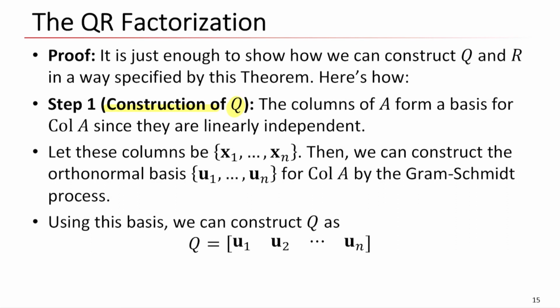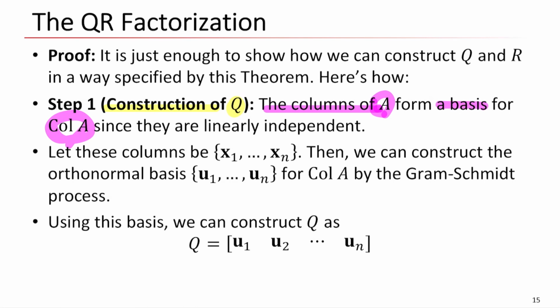So where can we start? We want to find an orthonormal basis for the column space, so first of all, we have to know a basis for the column space of A. Interestingly, the columns of the matrix A form a basis of the column space of A, because this is the definition of the column space, right?